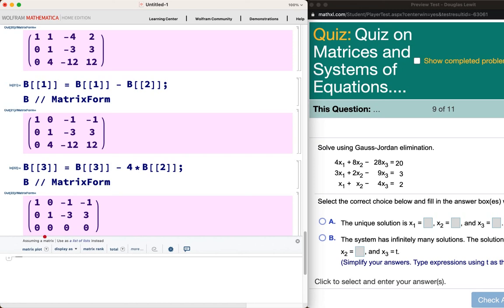Now you can see there's a bottom row of zeros here.